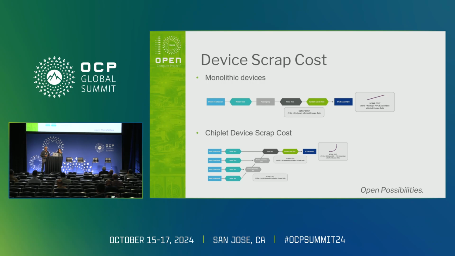It is very important in multi-die systems, and of course in all types of systems, to try to model the cost analysis that is required for the whole testing and packaging and assembly related to the package.